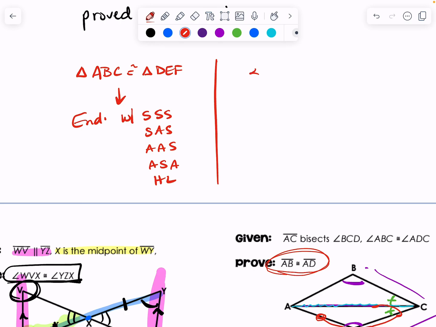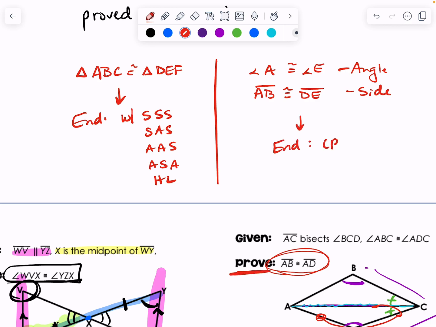If you're given something like angle A is congruent to angle E, or AB is congruent to DE, an angle or a side as your ending statement, then you're going to end all of your proofs with CPCTC. So please keep an eye on what you're trying to do and how far you have to go to prove that. That's one last bit of information to help you identify which type of proof you're doing.